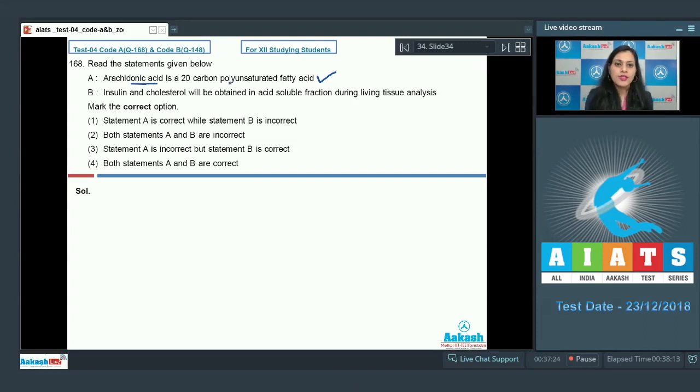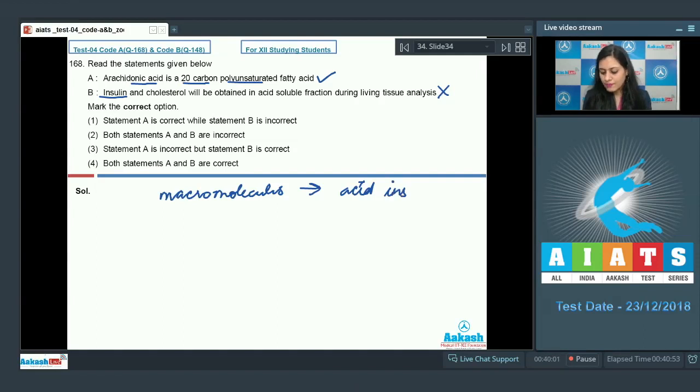The next statement given is insulin and cholesterol will be obtained in acid-soluble fraction during living tissue analysis, and this is an incorrect statement because insulin, which is a protein, is a large macromolecule and will be present in the acid insoluble or retentate fraction rather than the acid soluble fraction.